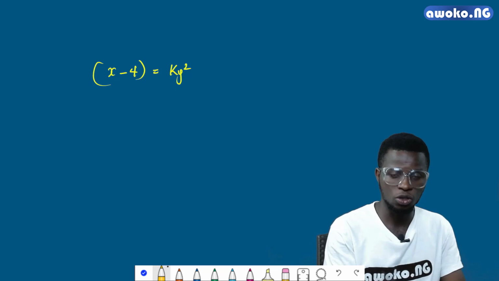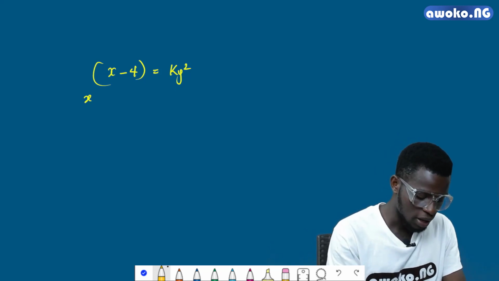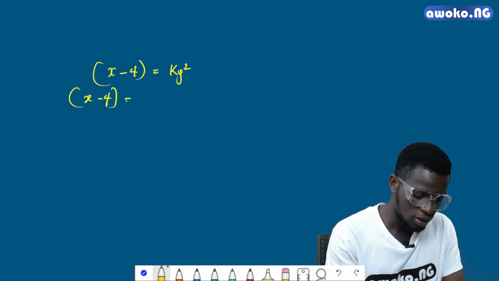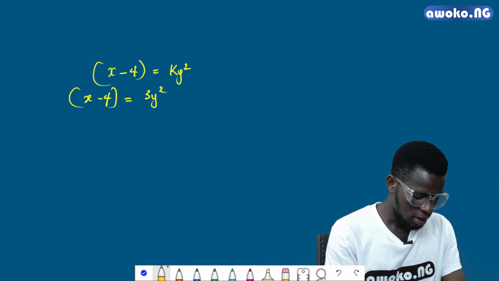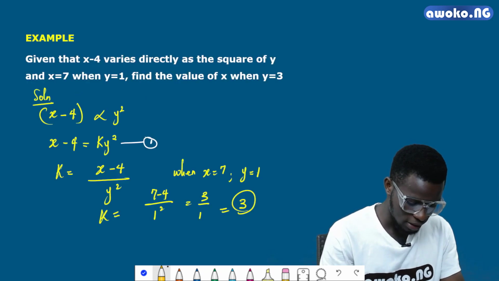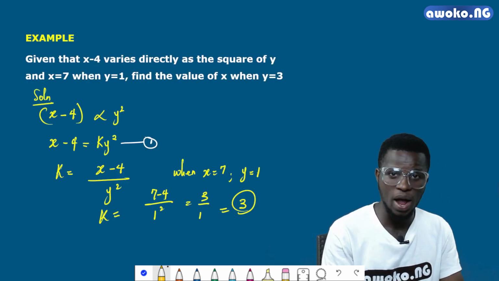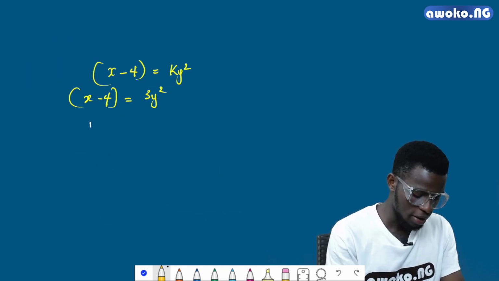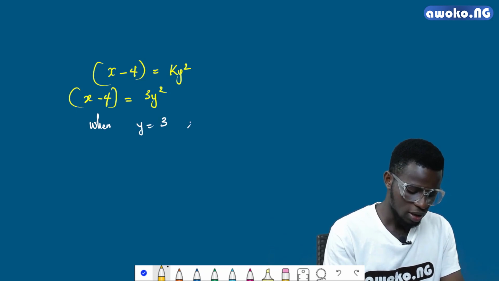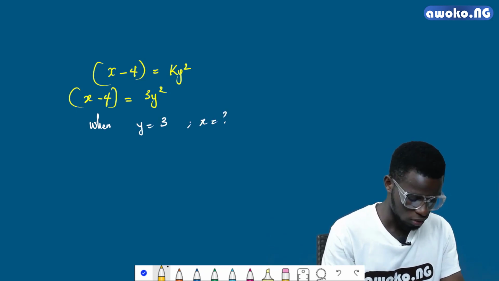If we substitute the value of k, we have x minus 4 is equal to 3y squared. From the question as well, we're told that we should find the value of x when y is equal to 3, so x is unknown for now.